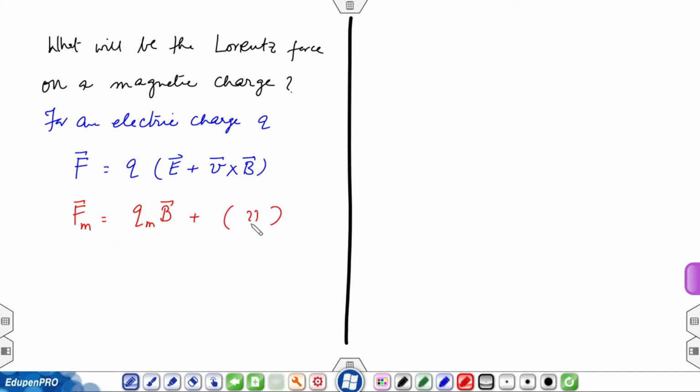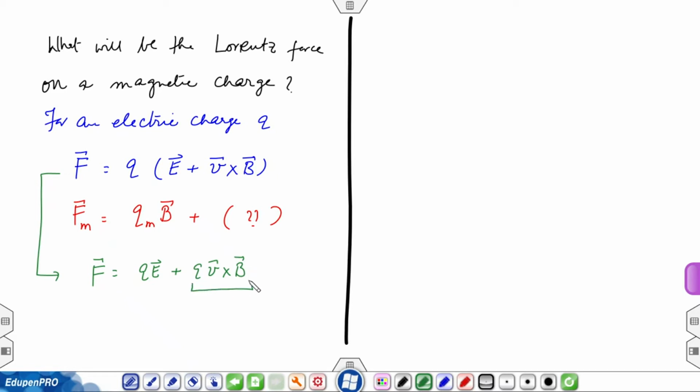Let us get it in as simple a way as possible. I will go very closely to the first equation, that is a force on an electric charge, and try to bring an analogy from that. So, let us look at this equation. F equals Q E plus Q V cross B. And let us see how I can see the effect of this.